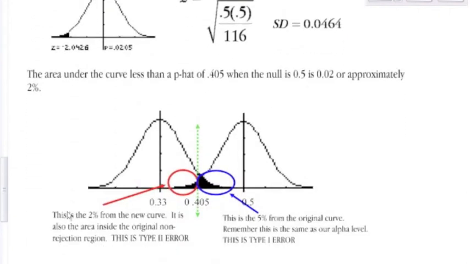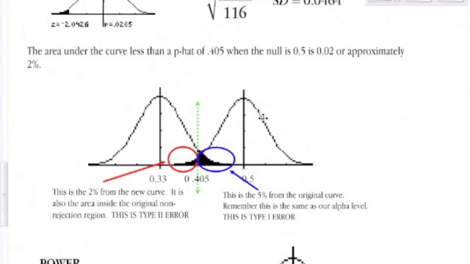Here's the explanation of all that. Here are my curves labeled and sitting on top of each other. On the x-axis you see down here, 0.33, 0.405, and 0.5 are standard. That's like one solid x-axis. The green line is my division of the original acceptable region and the rejection region. The blue part is my alpha. This is my 5% from the original curve.